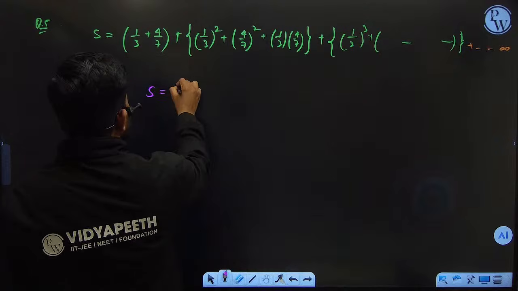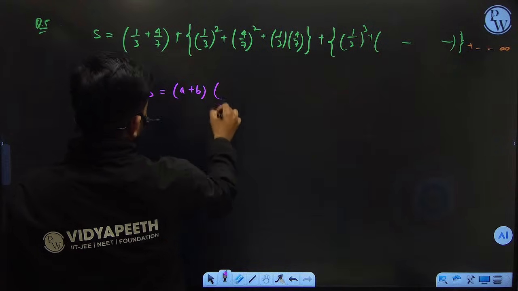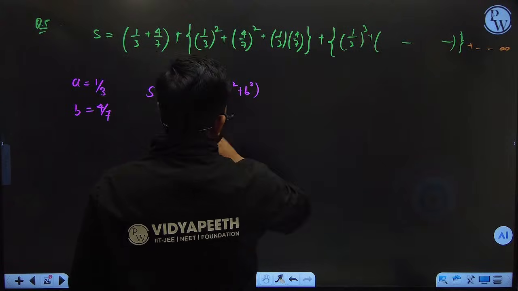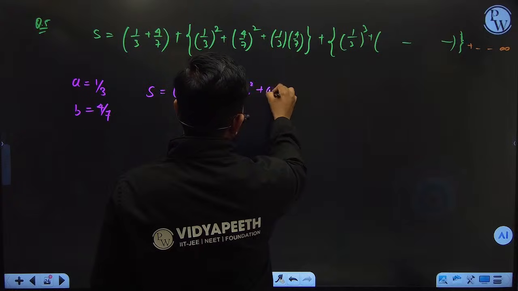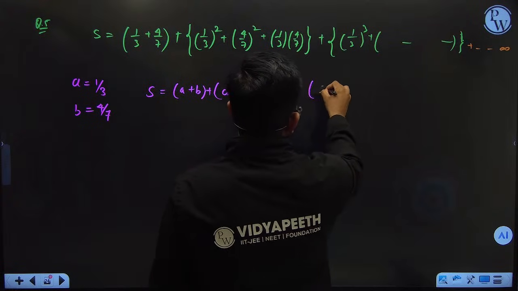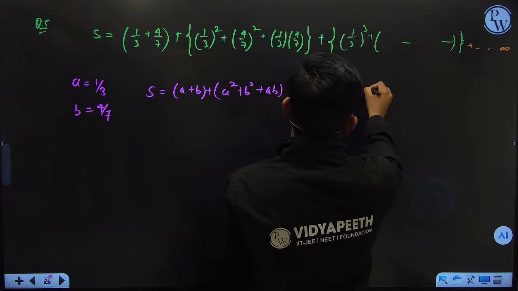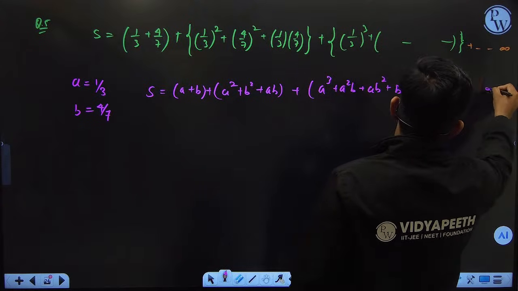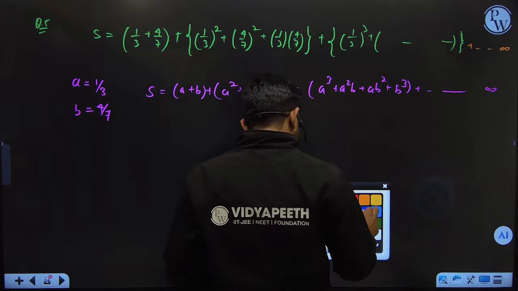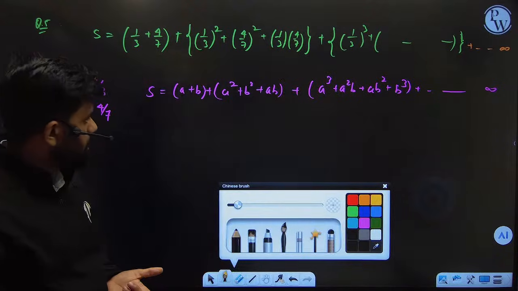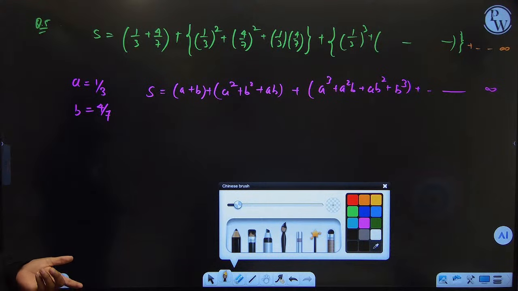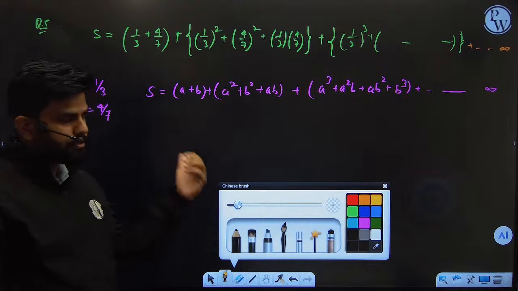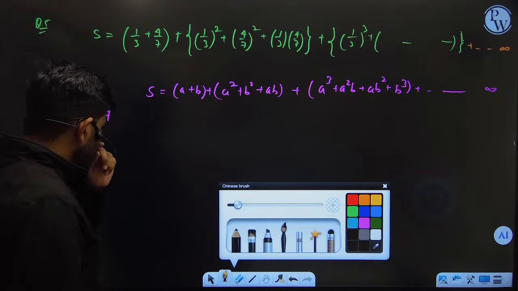S is equal to A plus B, plus second it will be A square plus B square plus AB, then you have A cube plus A square B plus AB square plus B cube and so on. Now this question can be solved by using one simple step. If you know that step, then it is done. Only simple calculations are required. And what is that step?